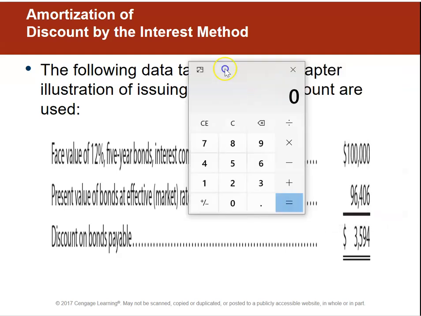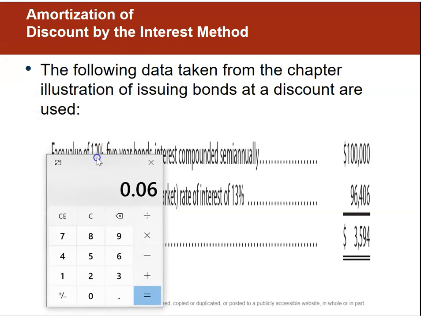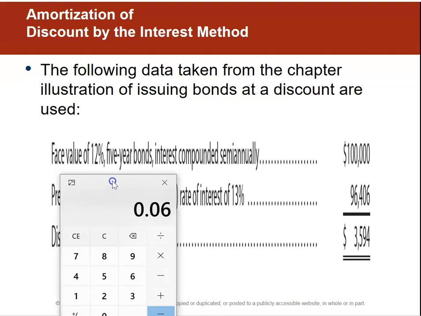So let's bring over our calculator. 6,000 divided by 100,000 equals 6%. Okay? Which, if we take 6% and double it, it's the 12%. So this is the example that we would have if we were issuing the bond at par. But that's not what's taking place here.